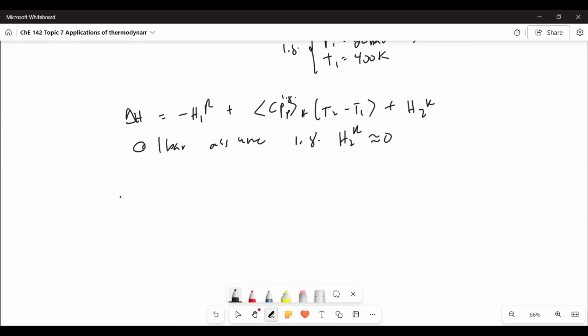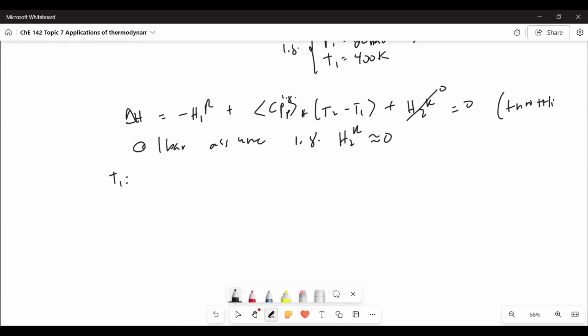Now, what's next? From the book, we can simplify since this is 0. Also, by the way, delta H is 0 for a throttling process.